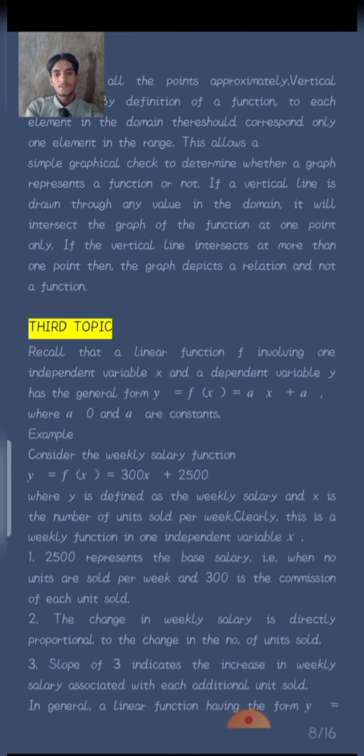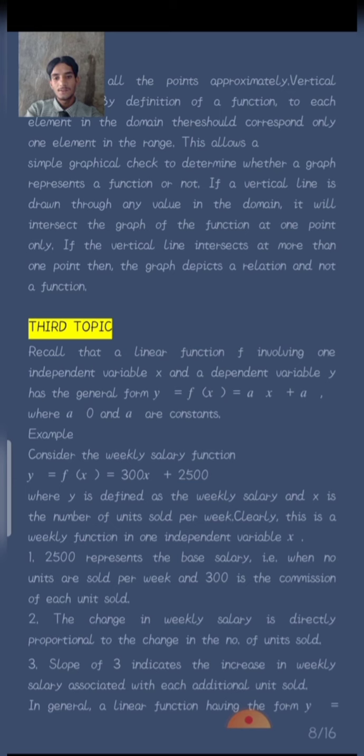Third topic. Recall that a linear function involving an independent variable x and dependent variable y has a general form y = f(x) = ax + b, where a is not 0 and a and b are constants.